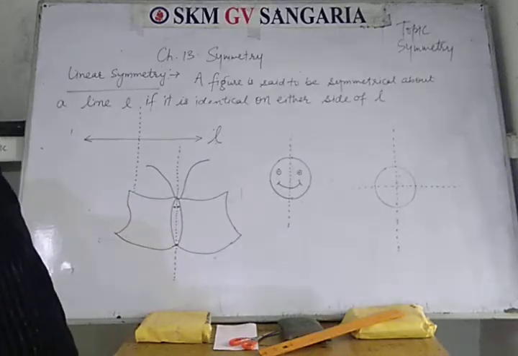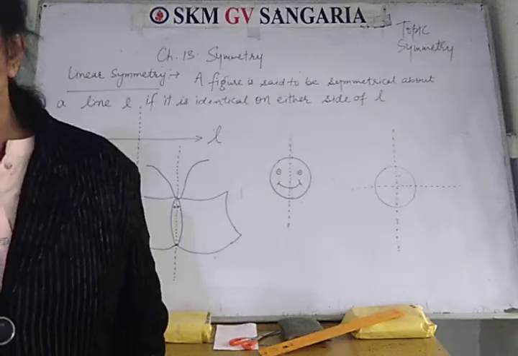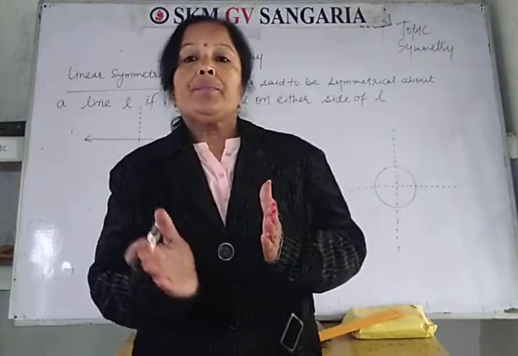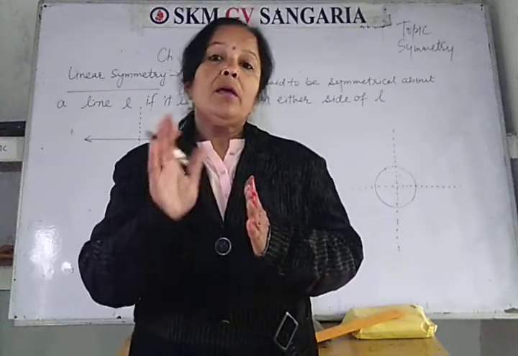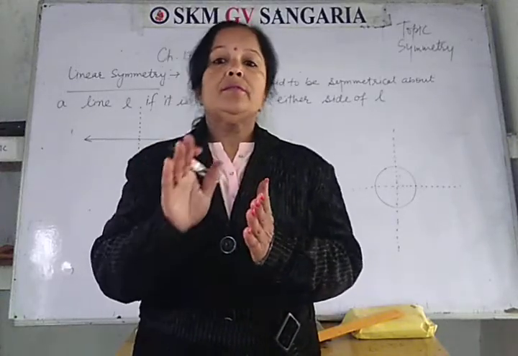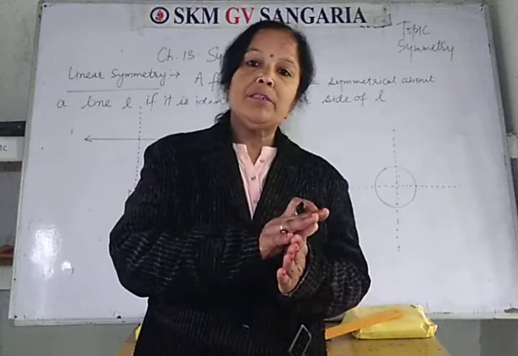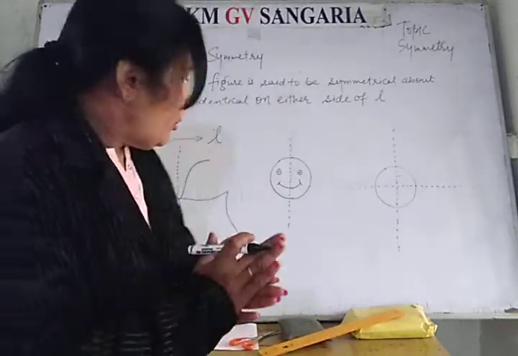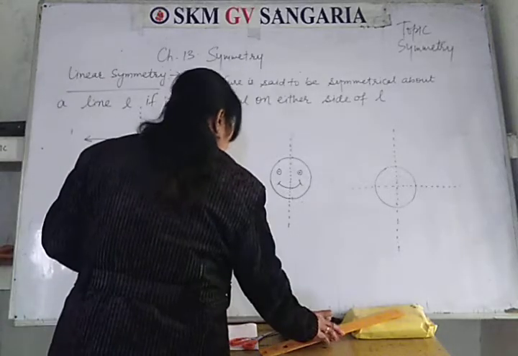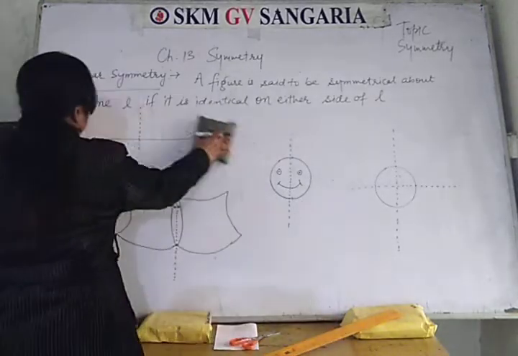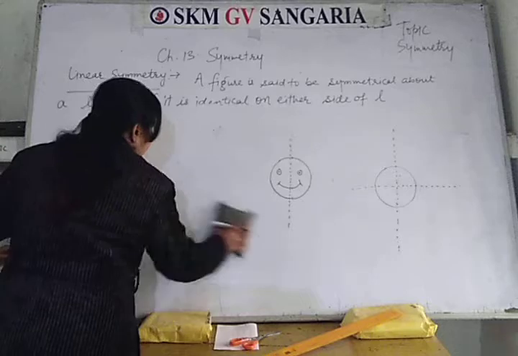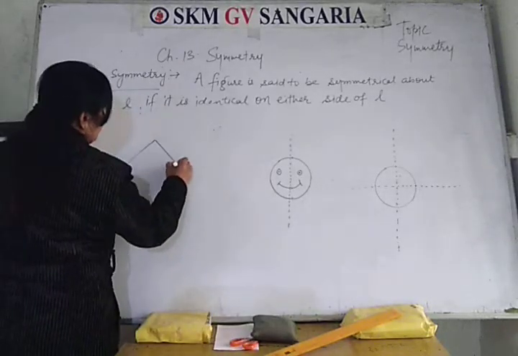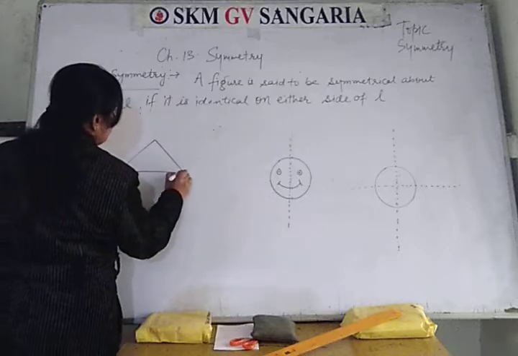Mirror line means when we put the mirror in between the object, we see the image of the other part inside the mirror. So here the question is in this way. This figure is given to you.